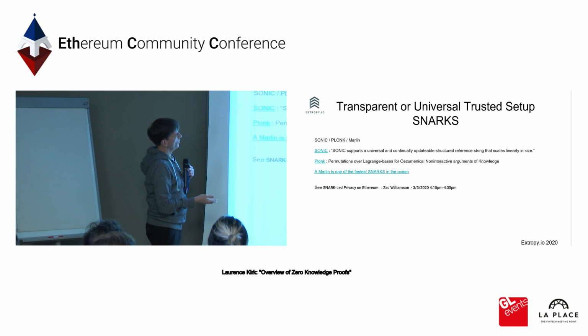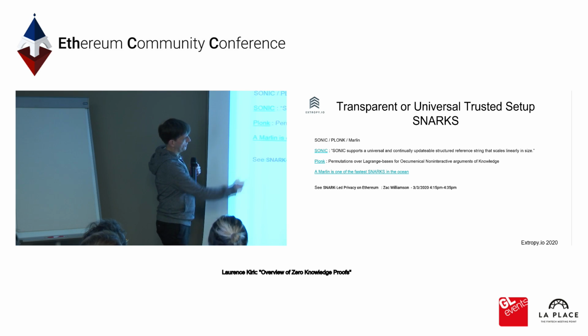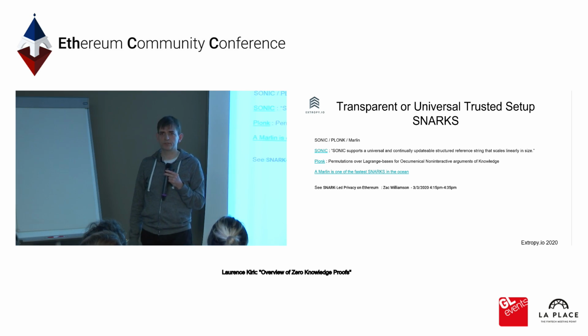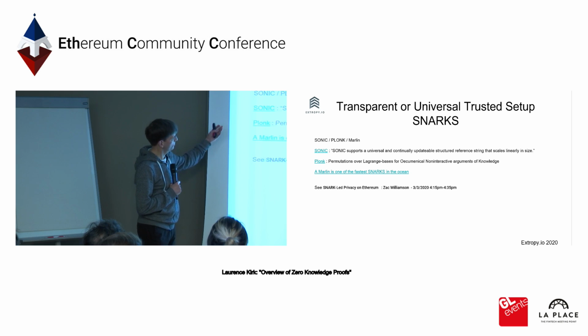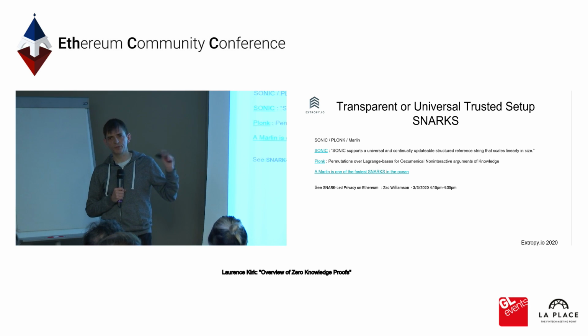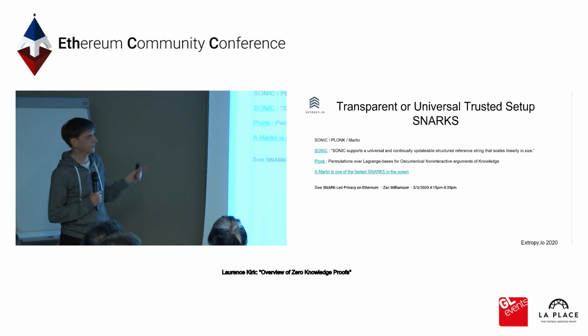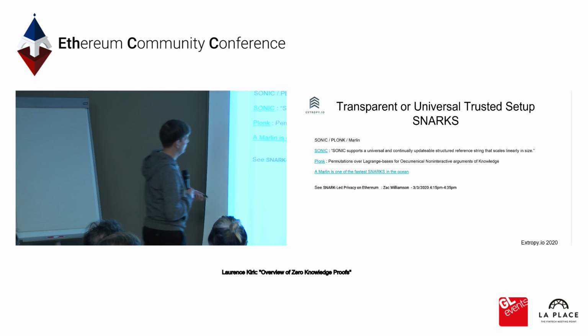That's been one of the big breakthroughs, I think, in the last, say, 18 months, with Sonic, Plonk and Marlin, for example. I'm not going to go into this in much detail because Zach Williamson from Aztec is giving a talk this afternoon about this, and I think this is exactly what he's going to talk about, so please go to that talk instead. But the idea behind these projects really is about improving this first step in the ZK SNARK, improving this trusted setup.